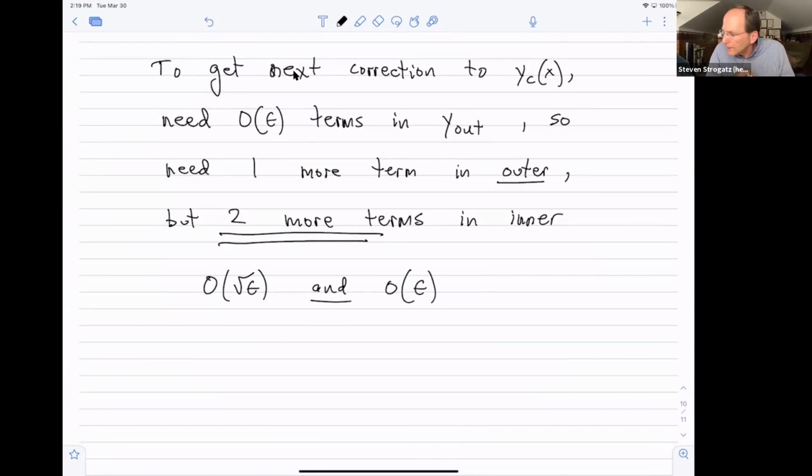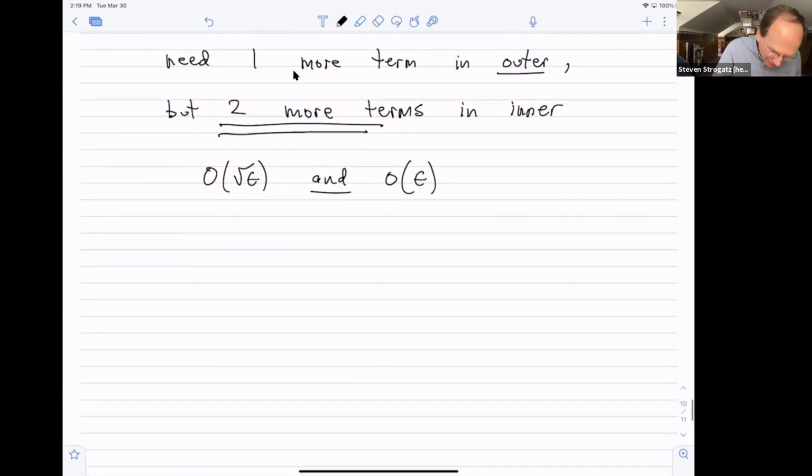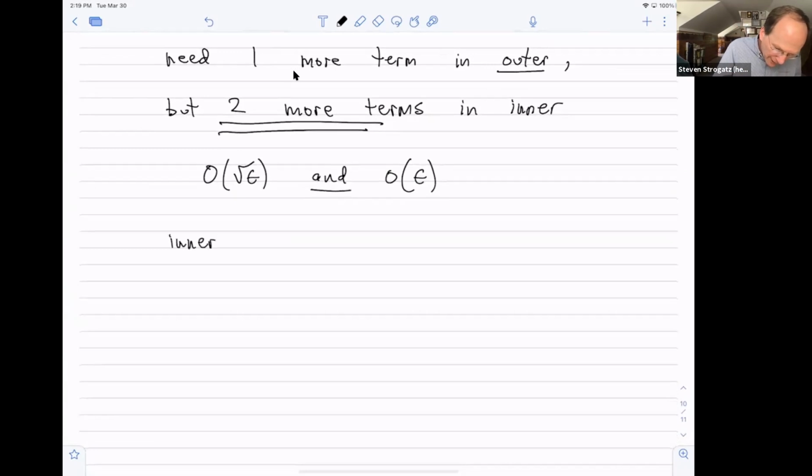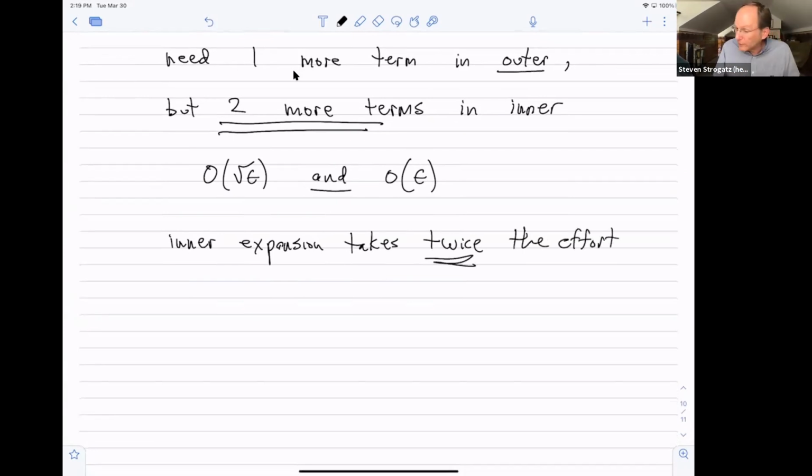So the point is that the inner expansion requires twice as much effort as the outer one if you go to higher order. Takes twice the effort.